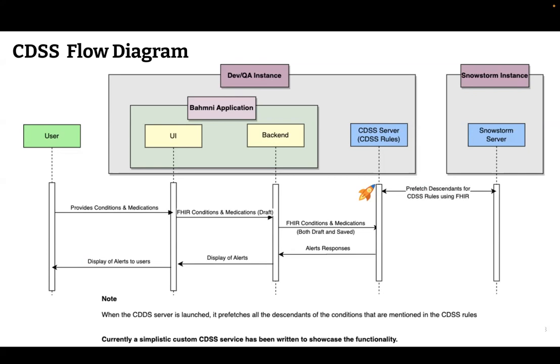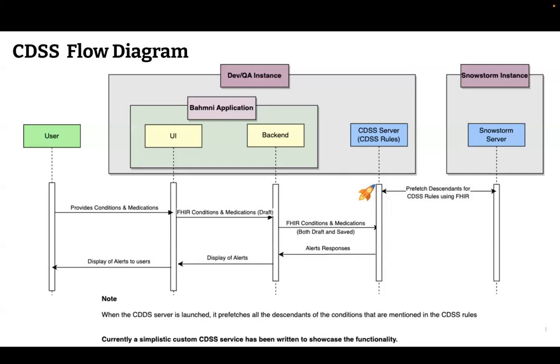Now, once that CDSS server is launched, the first thing that happens is that the CDSS server basically prefetches the descendants of all the CDSS rules that are there using FHIR technology. What I mean by this is, let's say if a particular diagnosis is contraindicatory with a medication, then that particular diagnosis and its descendants also will be contraindicatory to that particular medication.